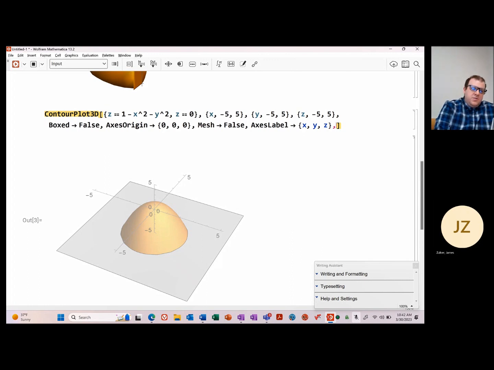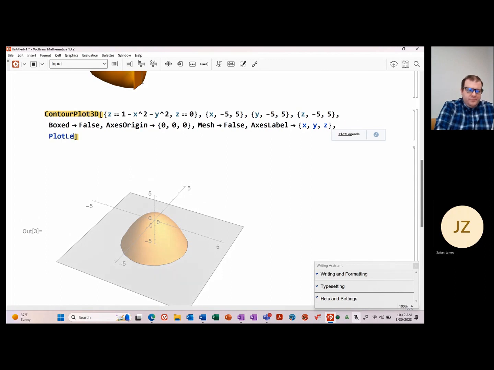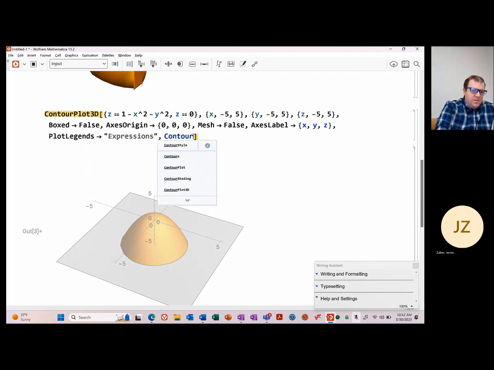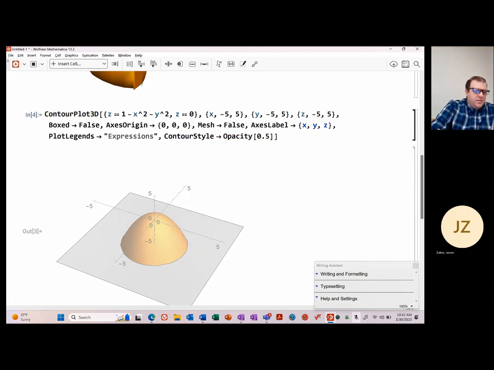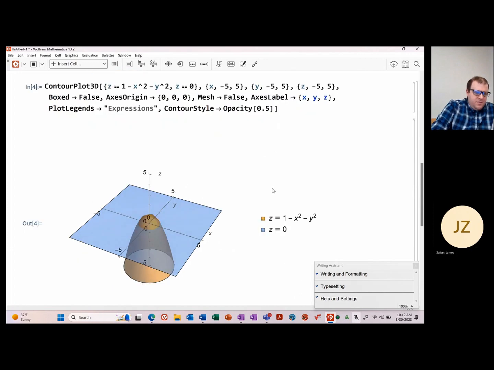What else do I want? Set the opacity to 0.5. Beautiful.